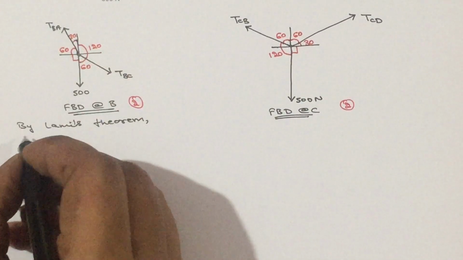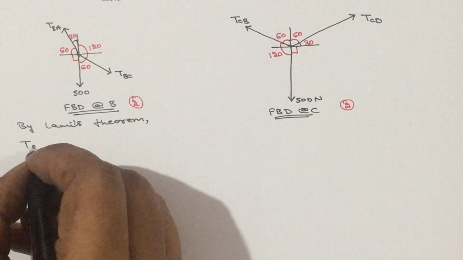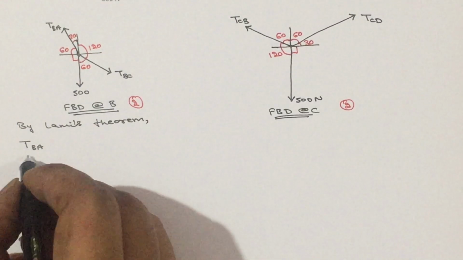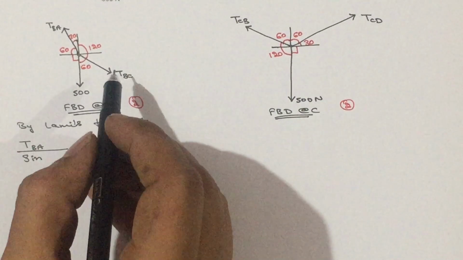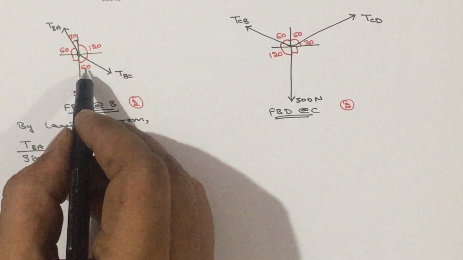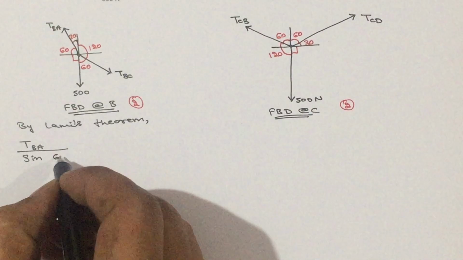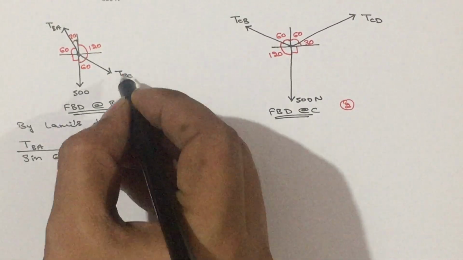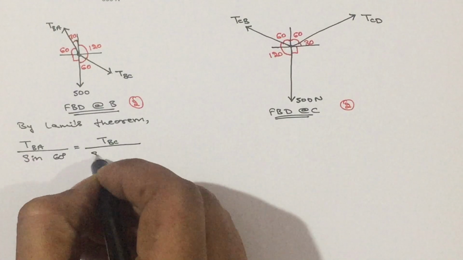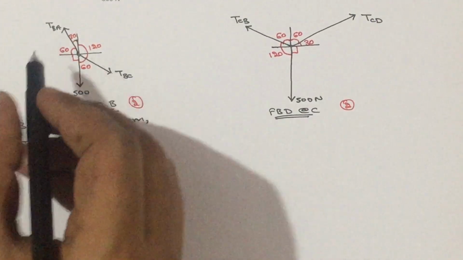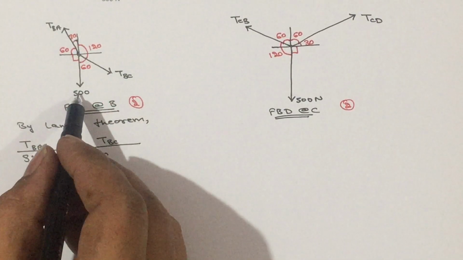The force is TBA divided by sine of the angle between the other two forces. The other two forces are these two, angle between them is 60. That is equal to TBC divided by sine of the angle between the other two forces. The other two forces are TBA and 500.